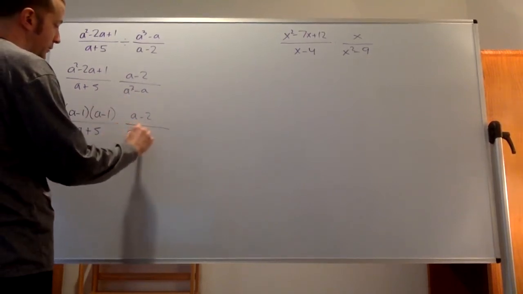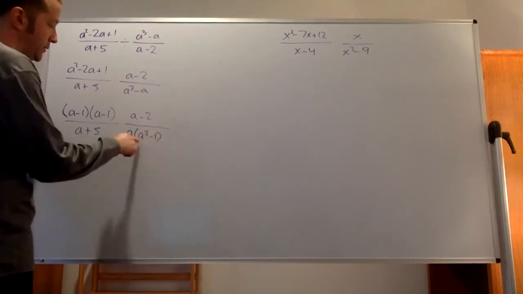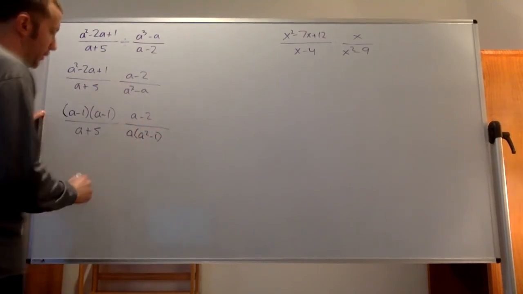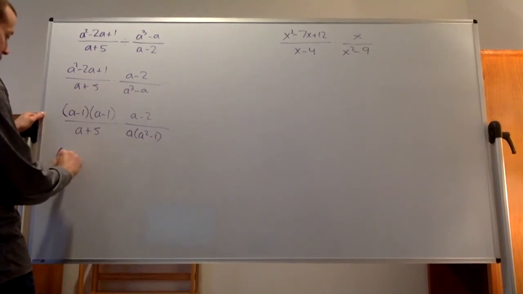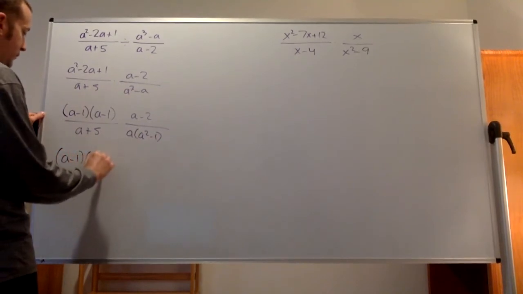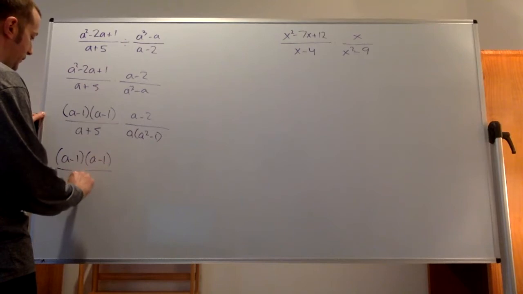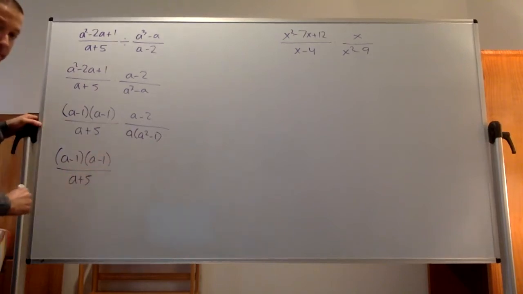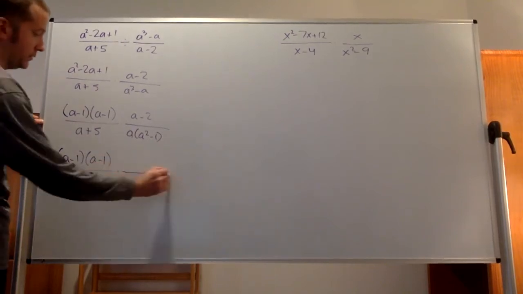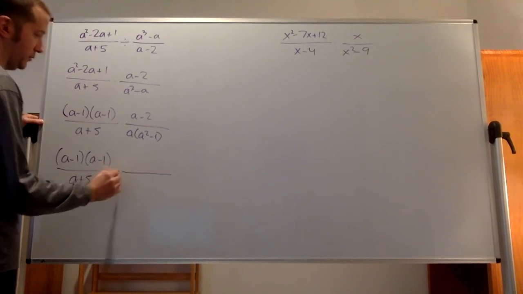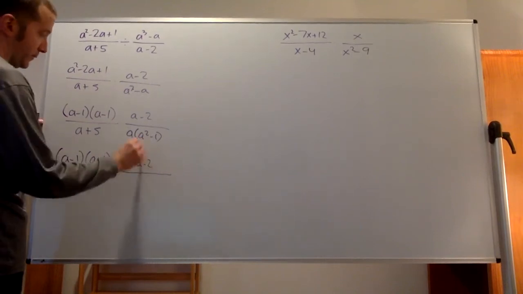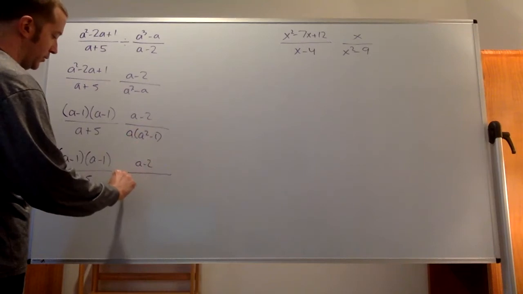So that's a times a squared minus 1. And then I see, oh, that's the difference of squares. Okay. So I got a minus 1 times a minus 1 over a plus 5 times. This is a minus 1 times a plus 1.